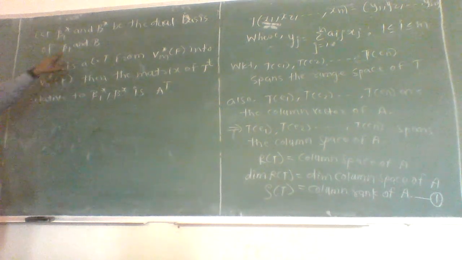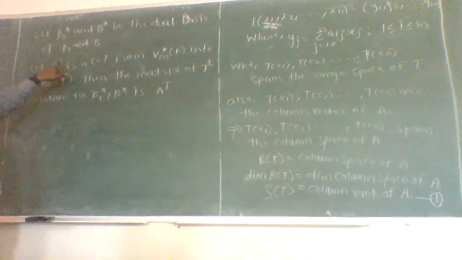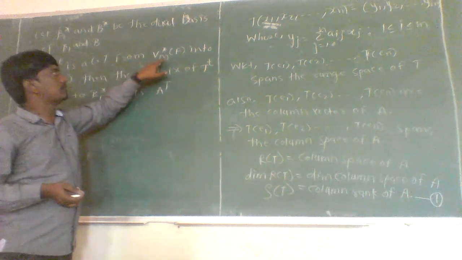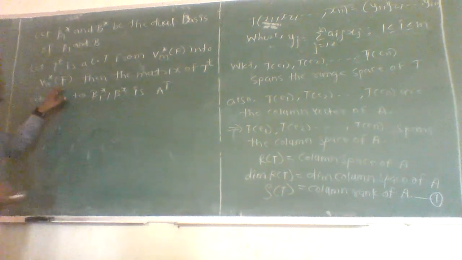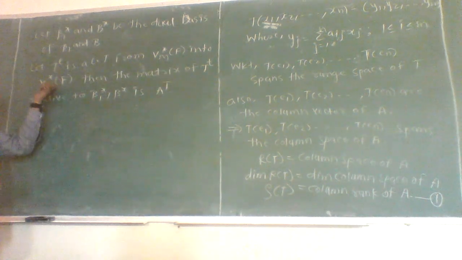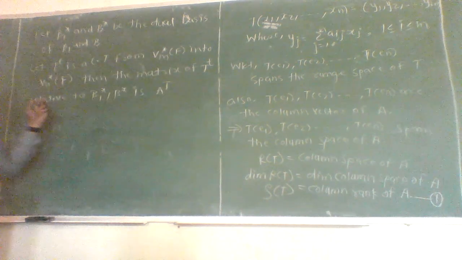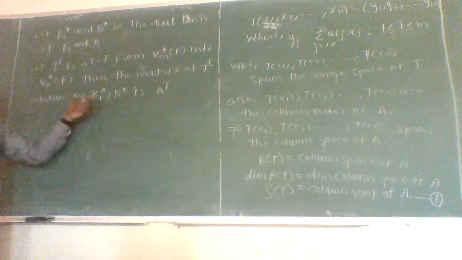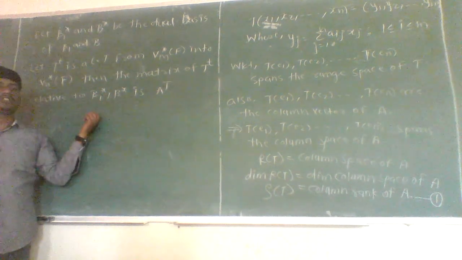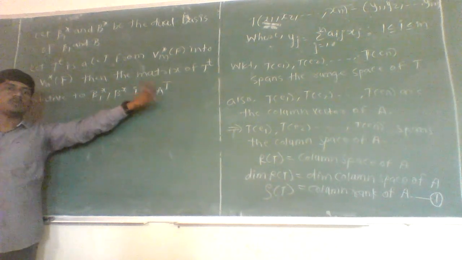Therefore, by that theorem, the matrix of the linear transformation T to the power T, from Vm star over F into Vn star over F, relative to the ordered bases B1 star and B star, is nothing but the matrix A transpose.